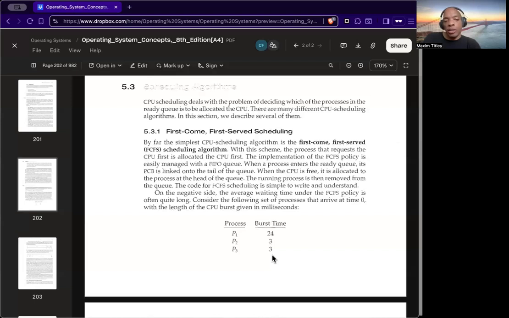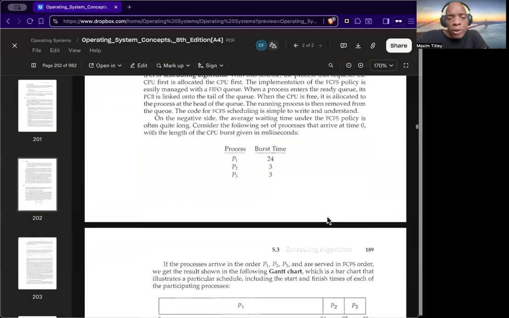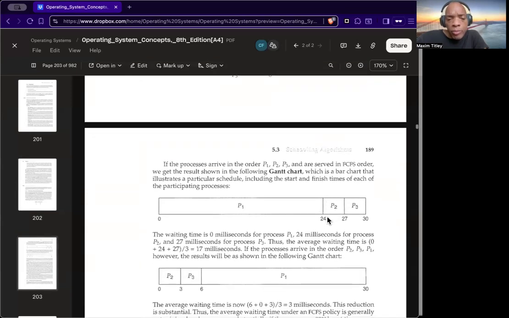And we'll just say that this is going to be theoretical, right? If you want to call it 24 seconds, you can call it 24 seconds. If you want to call it 24 milliseconds, you could do that, but we're using the same exact unit of time. Here in the book, they're going to say it's milliseconds, but if you think that the whole fractional part is hard to work with, don't worry about it.